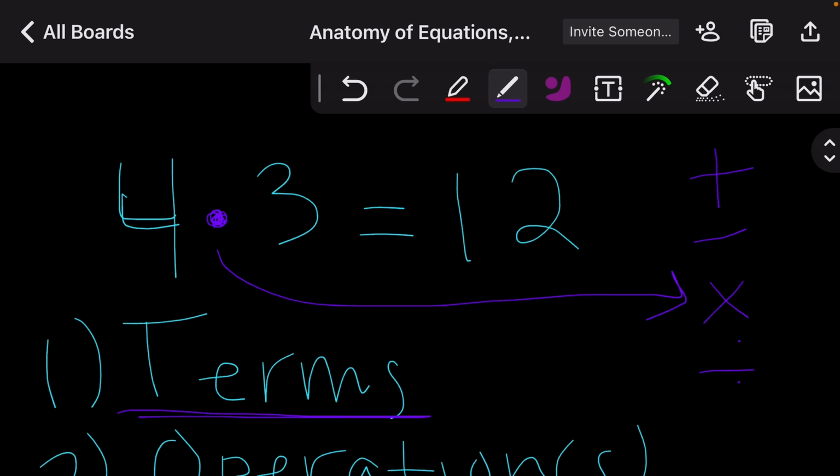It's still 4 times 3, but the symbol used for the operation, rather, is a little bit different. Instead of using the X, we have a dot for this example. So you'll see multiplication written like this. Sometimes you'll see it like this, other times.